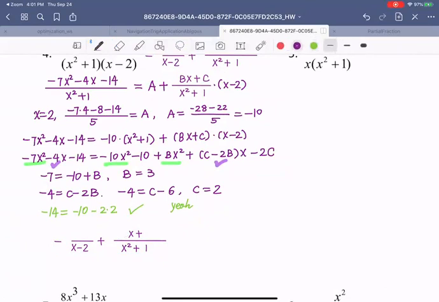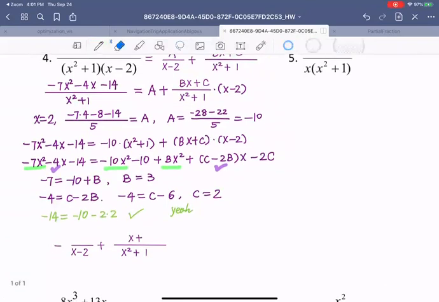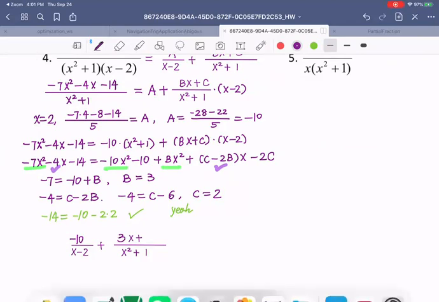A is -10. B is 3. C is 2. Does that make sense? Yeah. Not so hard now, right? Feel better?